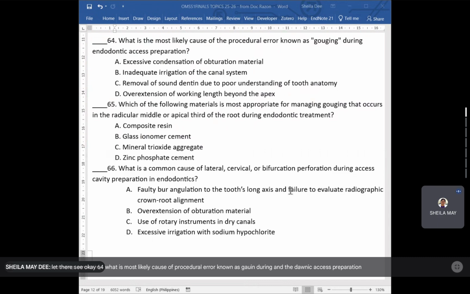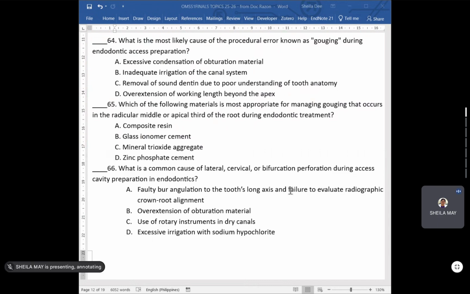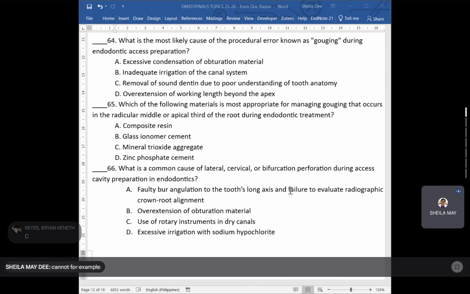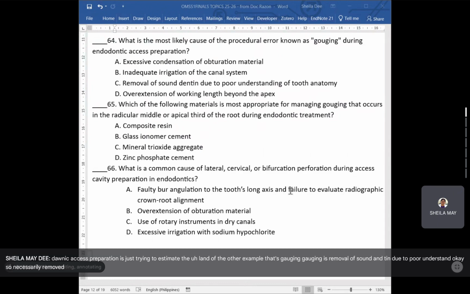Gauging, G-A-U-G-I-N-G, is just trying to estimate the length of the canal, for example. Gouging, G-O-U-G-I-N-G, is removal of sound dentin due to poor understanding of tooth anatomy. So you unnecessarily remove dentin.